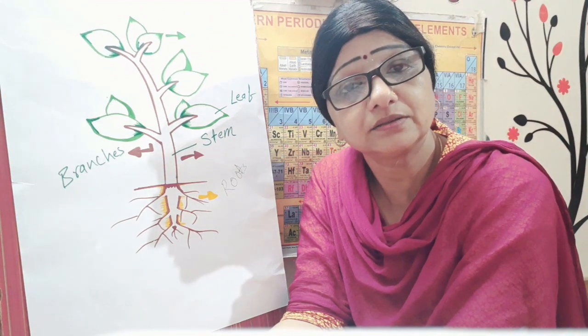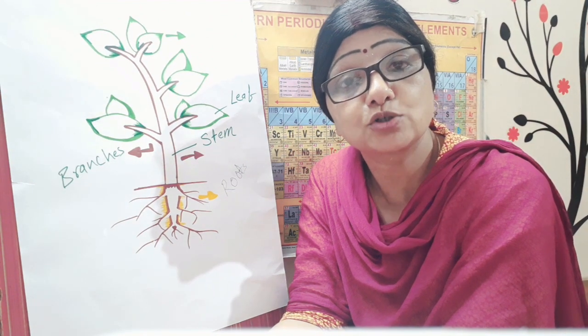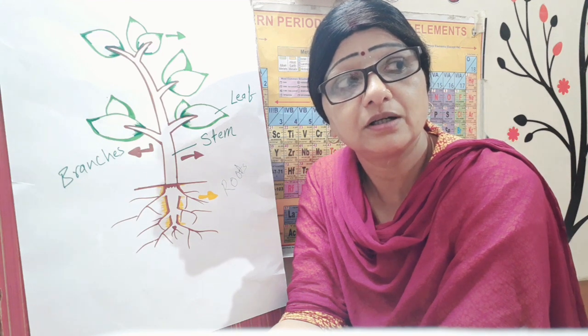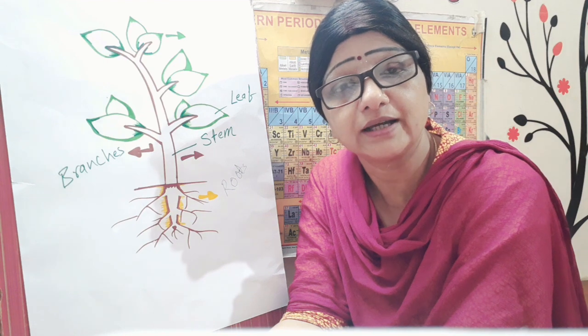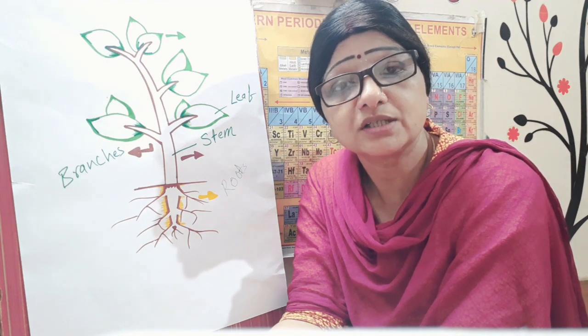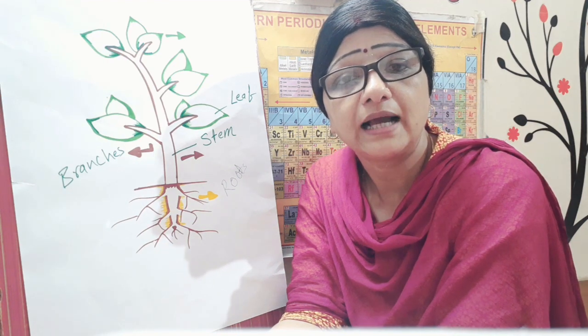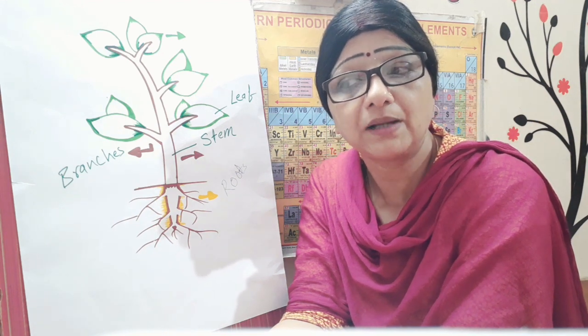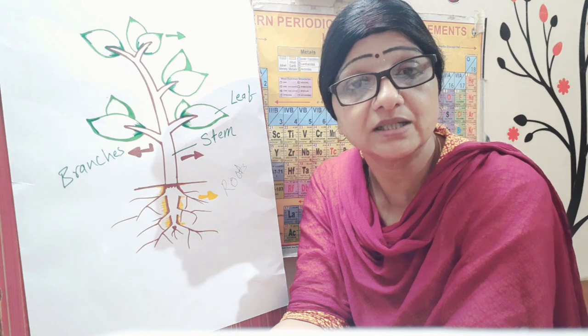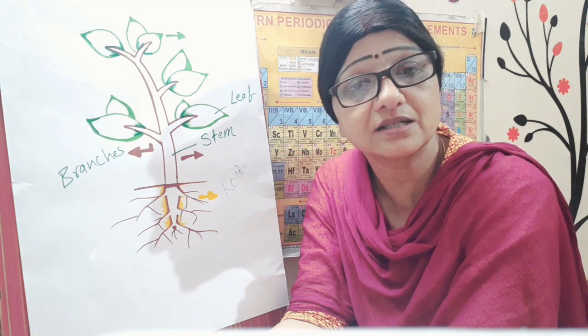And another function of root is to absorb water and minerals from the ground, from the soil. Roots absorb water and minerals from the soil and send them to the leaf. As you know, in plants the leaf prepares food, isn't it? In class 3 we have discussed this.